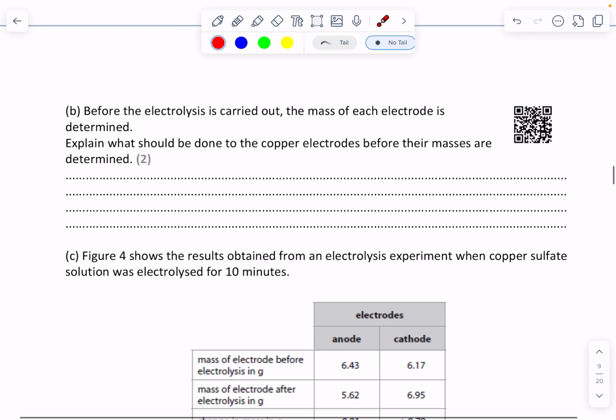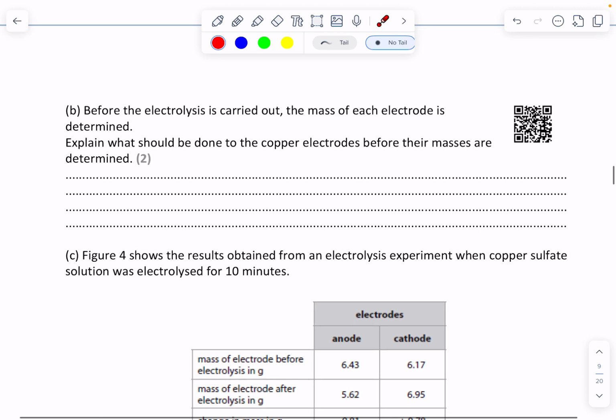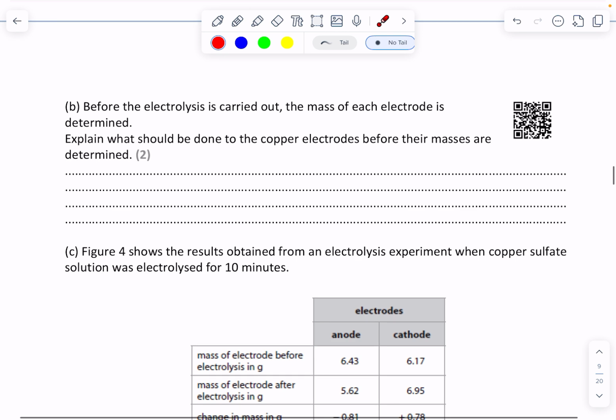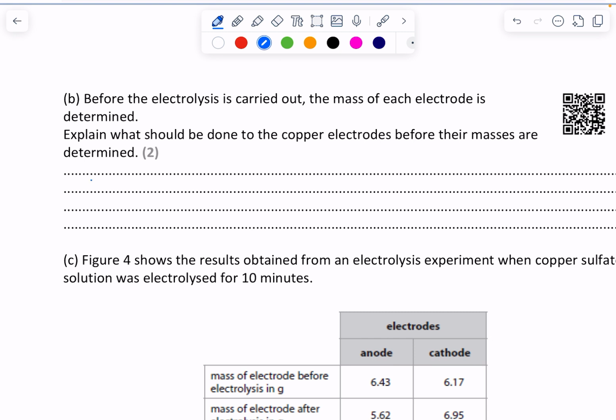Next one, before electrolysis is carried out, the mass of the electrode is determined. Describe what should be done. So what you would do is, first of all, you would clean the electrodes with emery paper, like sandpaper, something similar, not too rough, just to get rid of any dirt that might interfere with the connection.